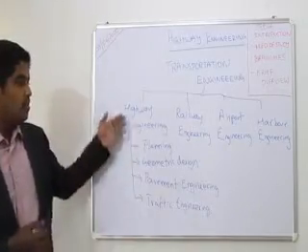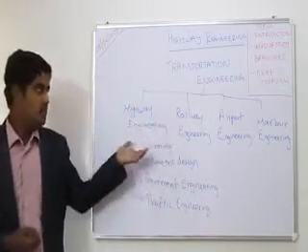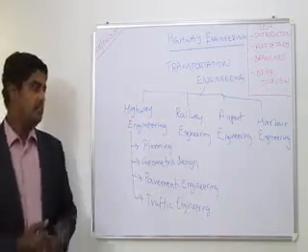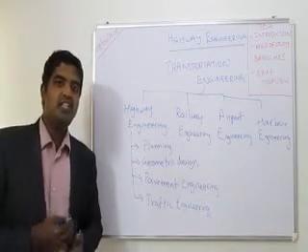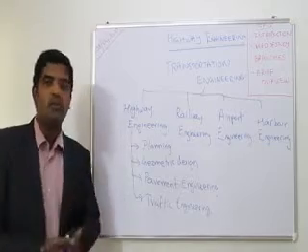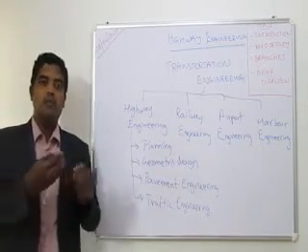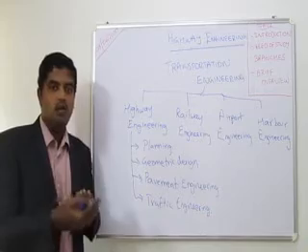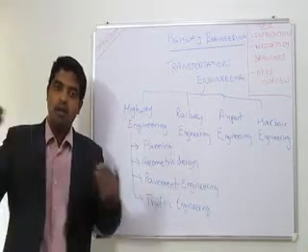So these four are the main subdivisions under this highway engineering, that is how to plan efficient traffic or efficient movement of vehicles from one place to other place. It may be a small or shorter journey or it may be a long journey.